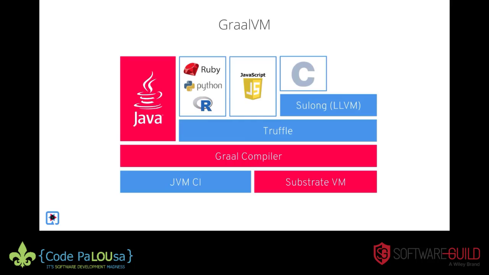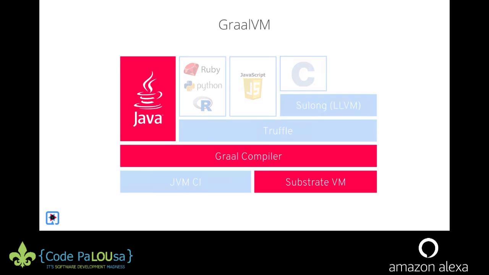And those are the specific components or features that we use for Quarkus. So we don't use the Truffle APIs for the dynamic languages. We don't use LLVM. We don't use a CI. We essentially just use these components, right? The Substrate for the native compilation, the Graal compiler, and of course the VM.